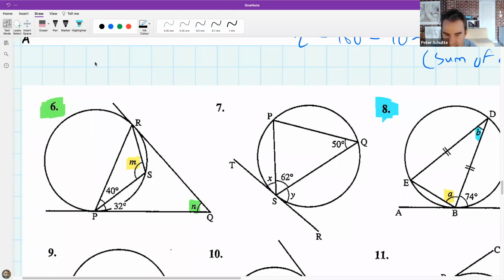Who would like to share how they did number 6? I'm interested to hear some student thinking in terms of the process they followed. Kat, let's go to you. Hi, Kat. I used the rule that the two arms are going to be the same length. Okay, so tangents from a common point.